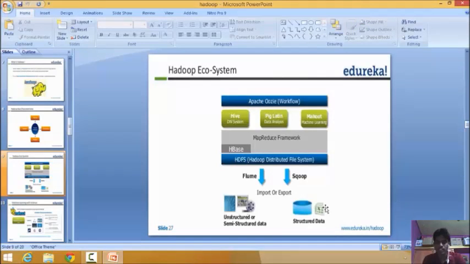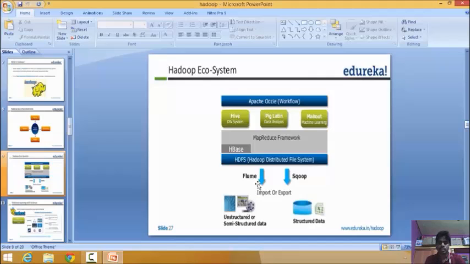As I have said in the previous tutorial, what is structured data? The data which can be stored in the form of tables is structured data. What is unstructured data? The data which is obtained from media files, audio files, images is unstructured data. And what is semi-structured data? XML files are semi-structured data.